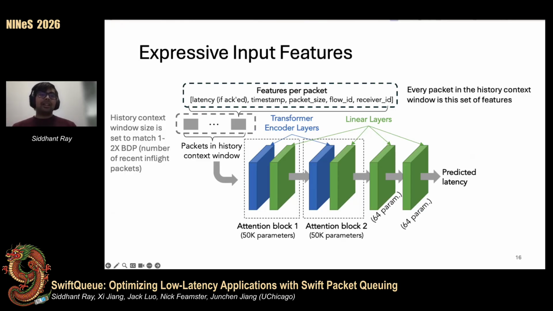And for this, we set it to match 1 to 2 times the maximum bandwidth delay product, which matches the number of recent in-flight packets, which captures the most amount of information from recent network history, which is actually useful for making predictions for packet latencies in the upcoming future. Looking at further history can obviously be useful, but over the course of our experiments and for the use case, we saw that this window is good enough for the application we have seen. And expressive models can learn packet interactions from much smaller feature sets because they are able to learn embedded information by looking at the interaction.